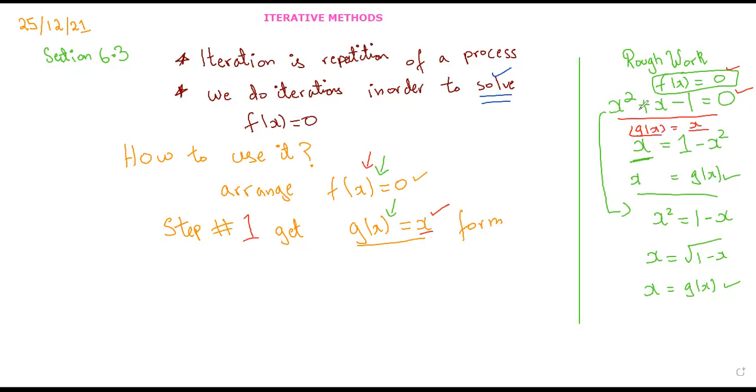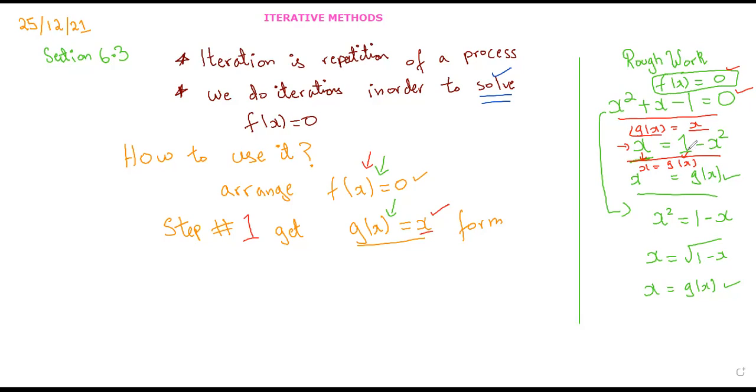So this is x squared plus x minus 1. And one way of getting this form is by basically writing this x here and taking this minus 1 and x squared to the other side. So isn't it the x equals g of x form? We have x on this side and we have the remaining stuff on the other side, right?